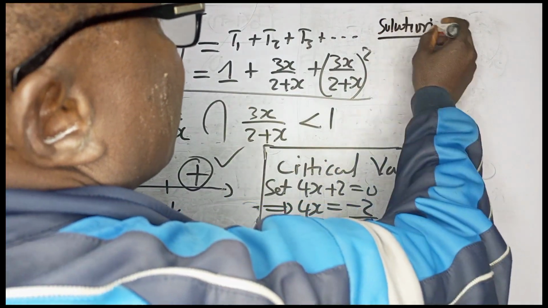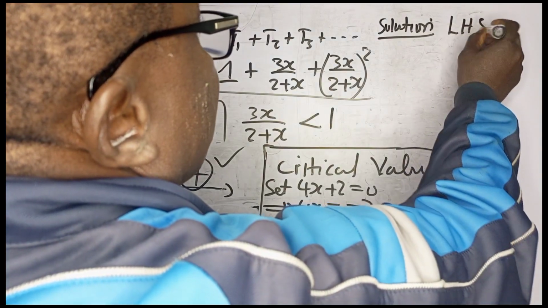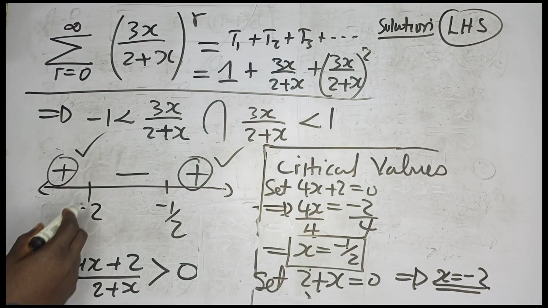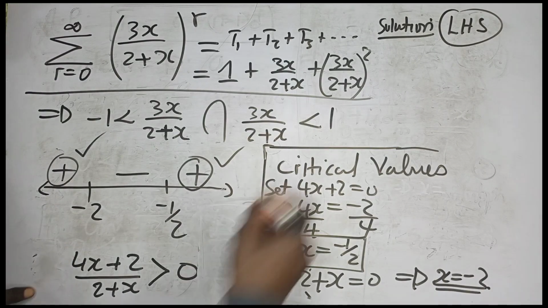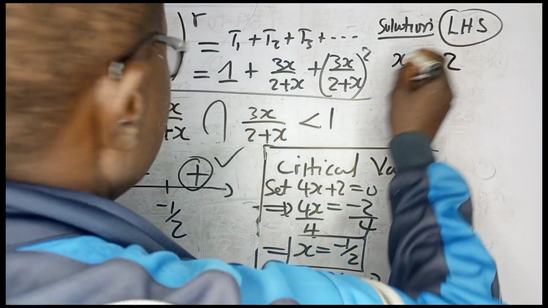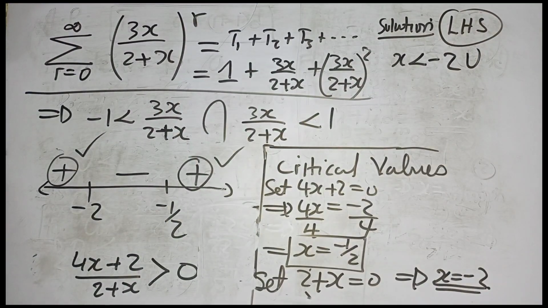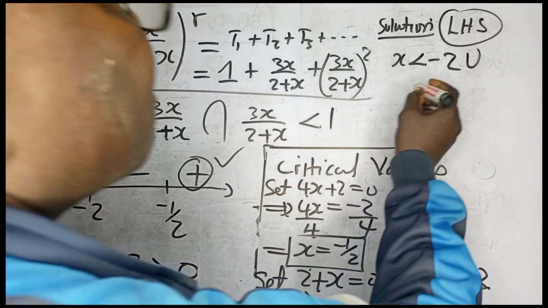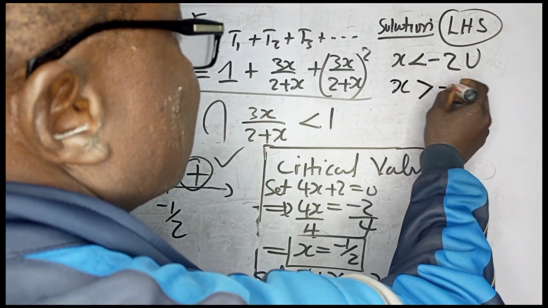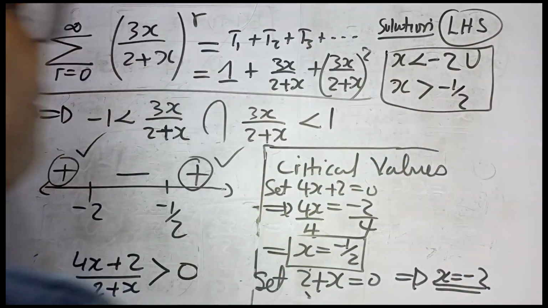Solution, left-hand side. Solution will be all values to the left of -2. So it will be all x less than -2, or all values to the right of -half. Okay, that's the solution of the left hand side.